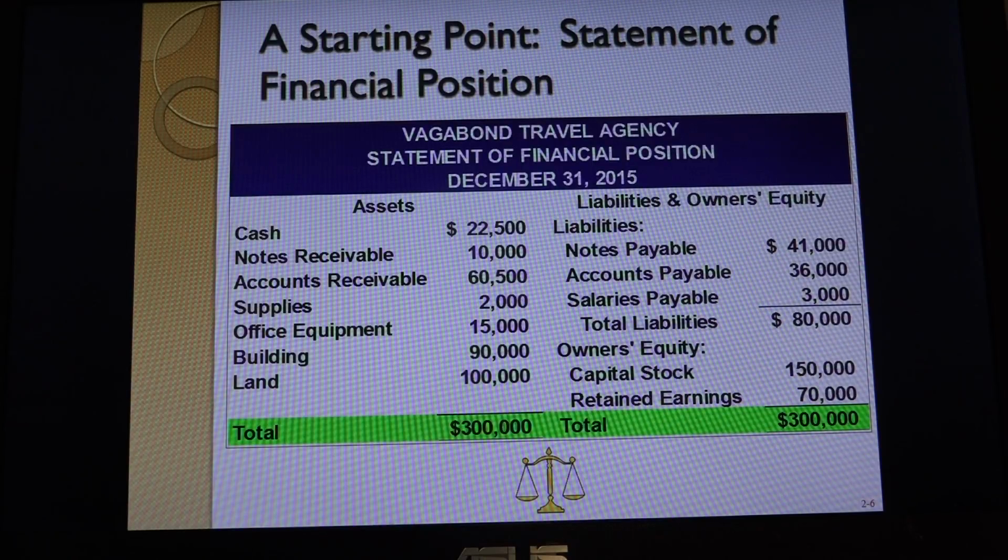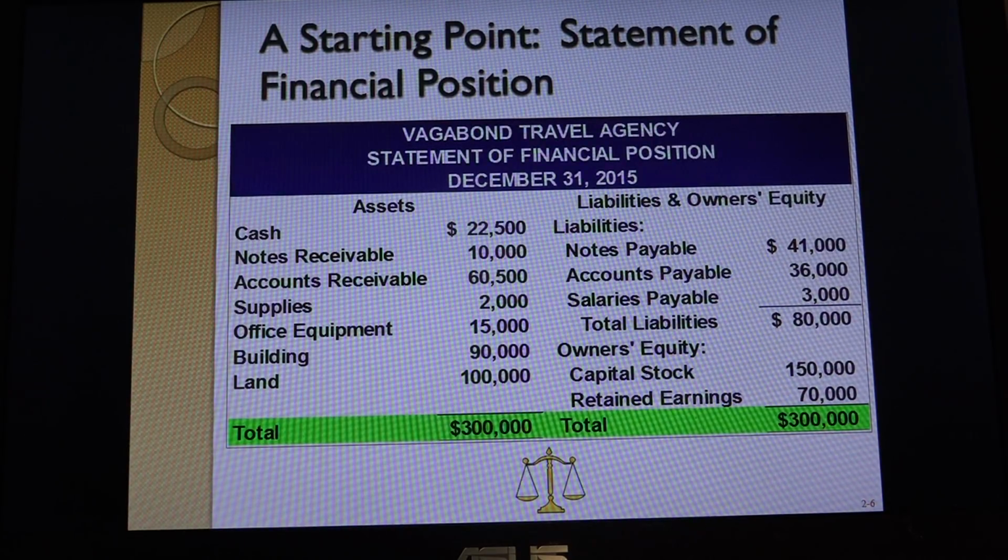If you do a top to bottom, you can put assets on top and then liabilities and owner's equity below, but a lot of companies like to put it side by side because it helps with comparability. So assets on the left. To the right, the categories are liabilities on top, and then underneath you have your owner's equity.